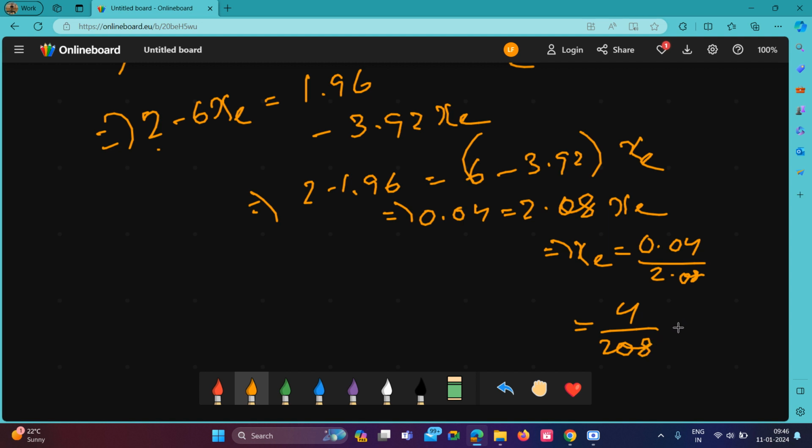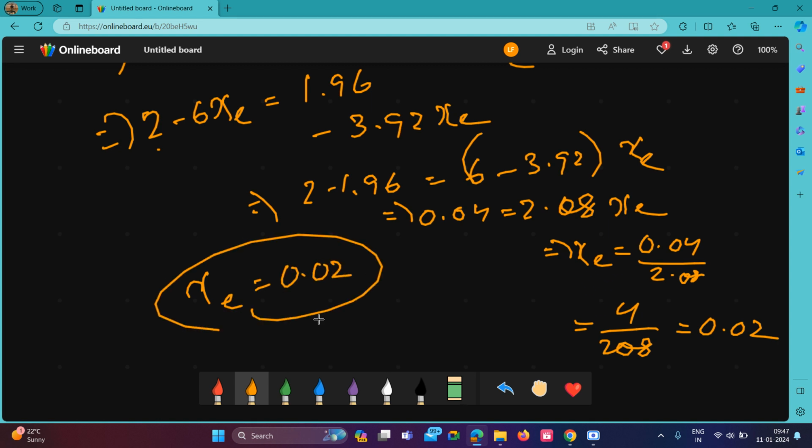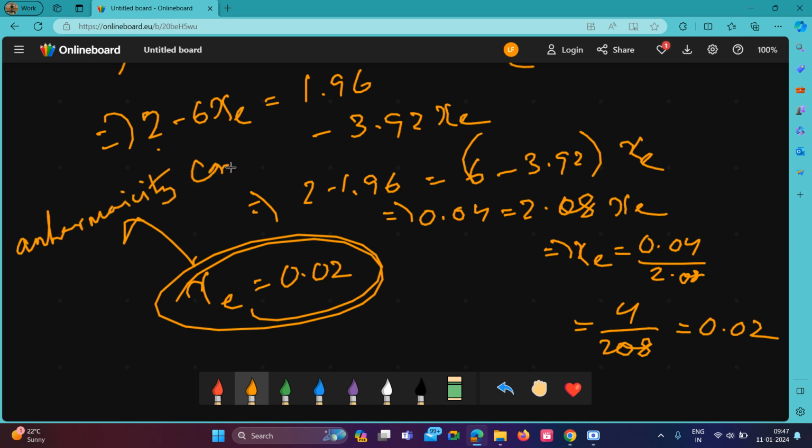If you calculate, you will get 0.02. So chi e is 0.02. This is the anharmonicity constant. Okay, next.